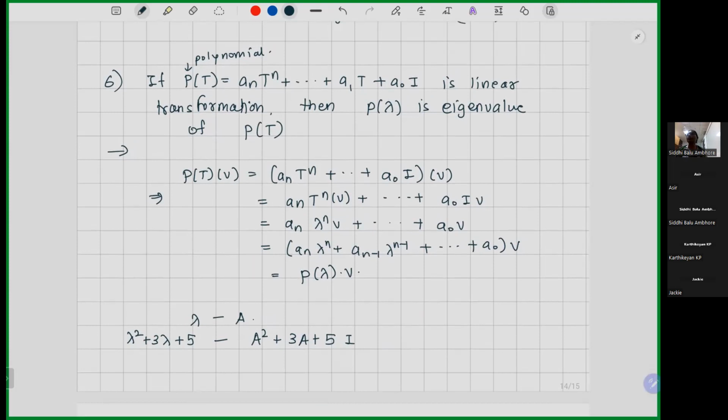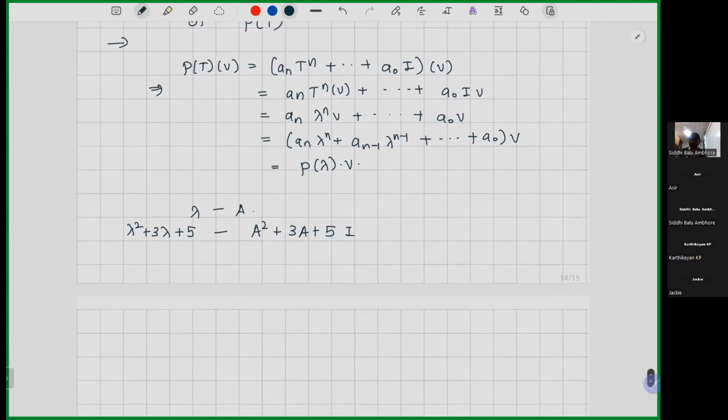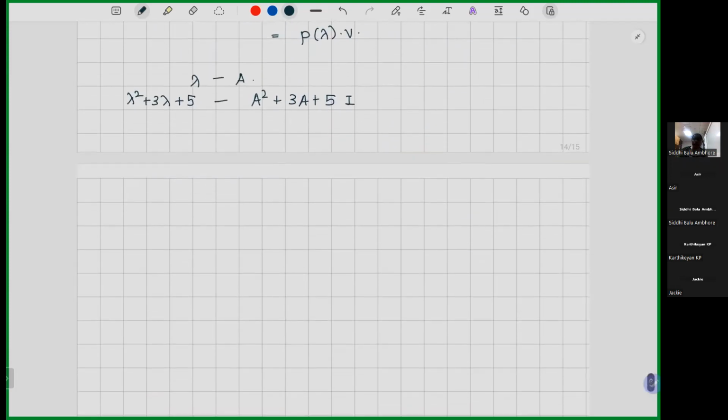If S and T are two distinct linear transformations, then this need not hold. If S has eigenvalue λ1 and T has eigenvalue λ2, then S + T need not have eigenvalue λ1 + λ2.